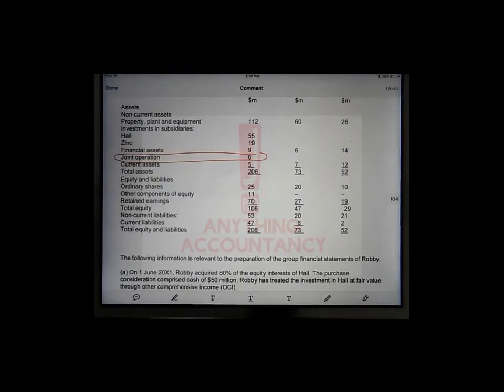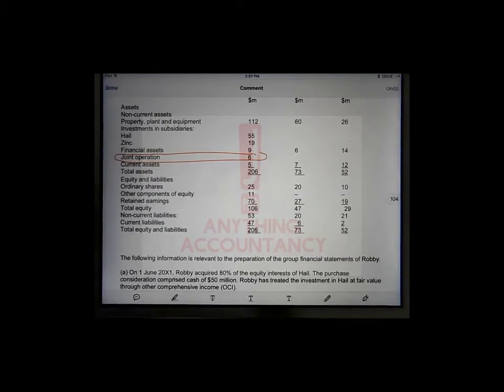This one basically says joint operation: you don't show it as a separate line. Only a joint venture shows a separate line. For a joint operation, you straight away go into your own asset, whatever it is. It doesn't show a single entry. A joint venture only shows a single entry. Are you clear now?